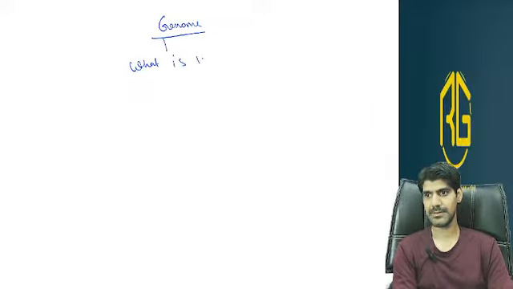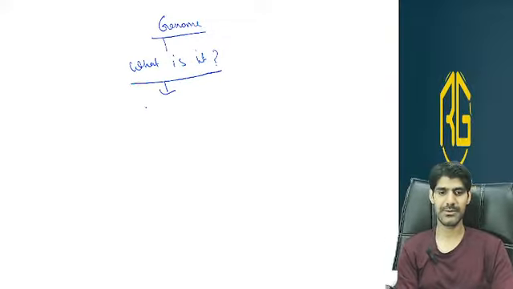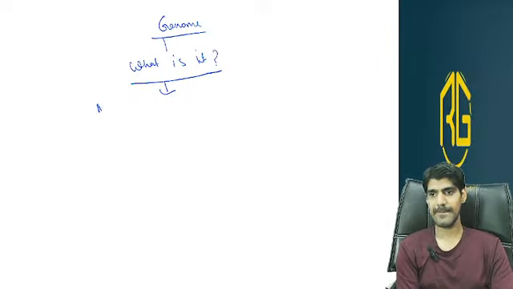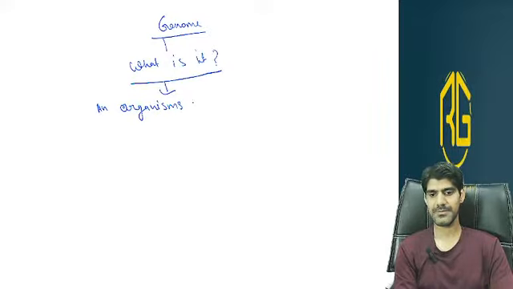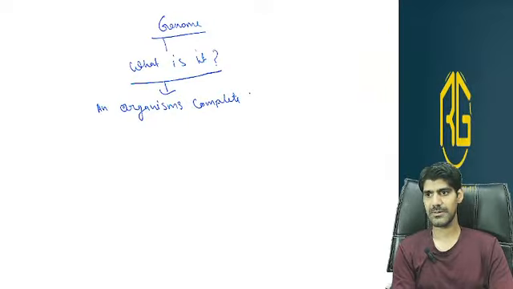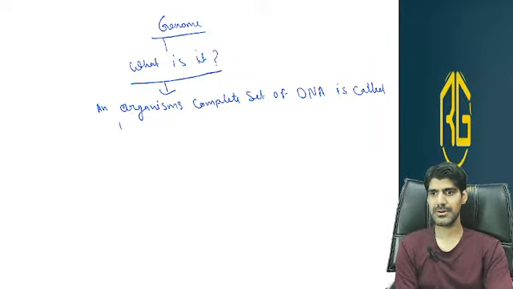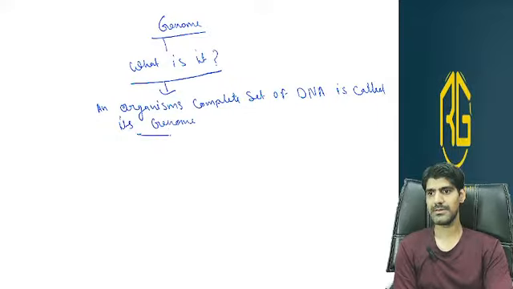In simple words, we can say that an organism's complete set of DNA is called its genome. So this is the definition.